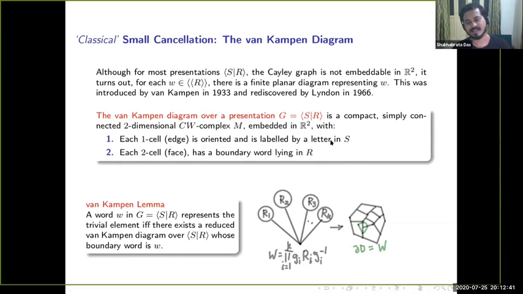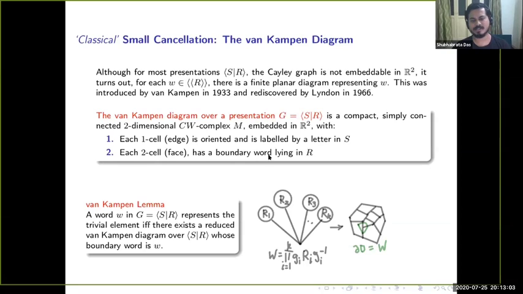If we have a small s, then we have small s inverse also in this set. So the edges, the one-cells in this two-dimensional CW complex, are labeled by small s and small s inverses coming from capital S.